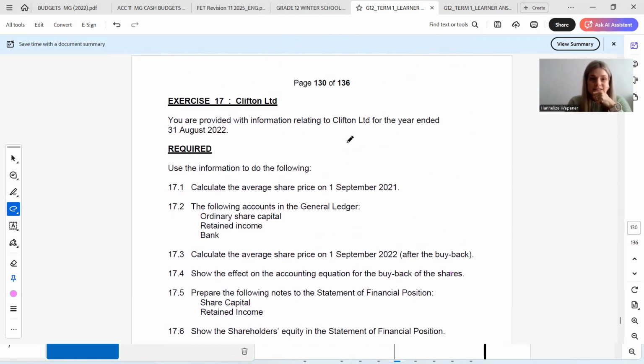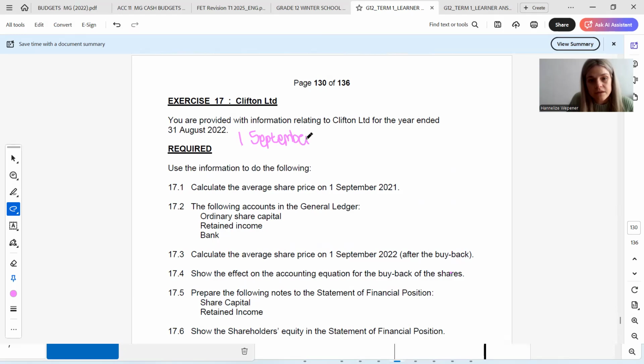It says that you are provided with the information relating to Clifton Limited for the year ended 31 August 2022, which means that your financial year started on the 1st of September 2021.